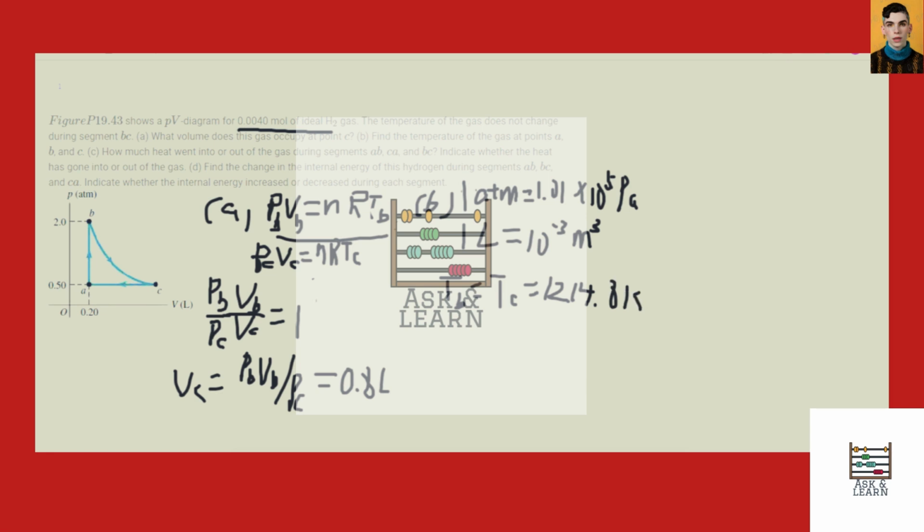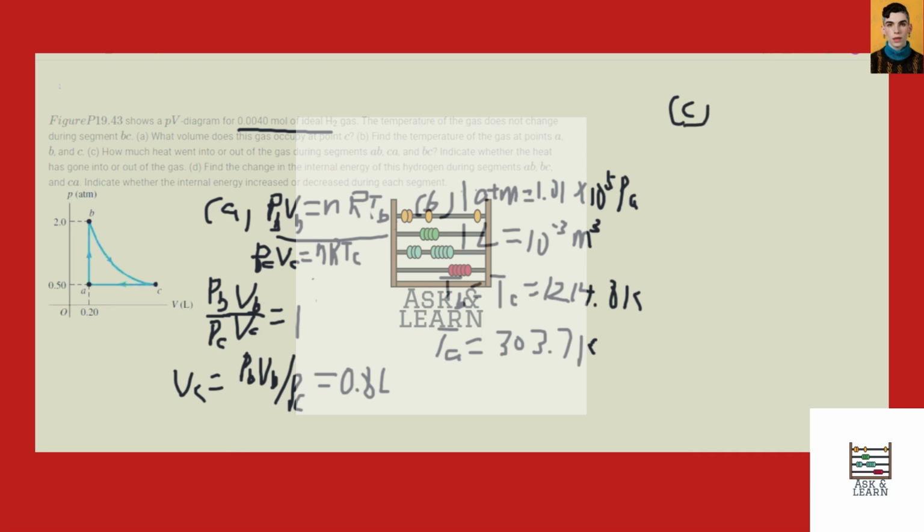And to find T_A, you utilize the state equation at point A, P_A times V_A equals nRT_A, and you can read the volume and the pressure at state A. The calculation is very straightforward. T_A is 303.7 Kelvin. So those are the temperatures at the three states.